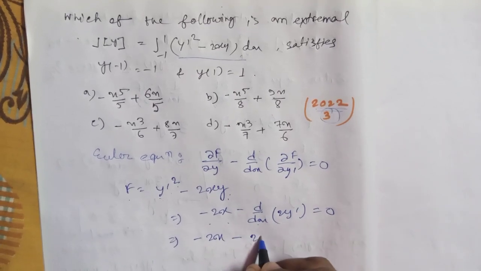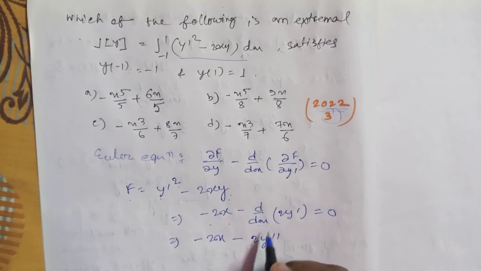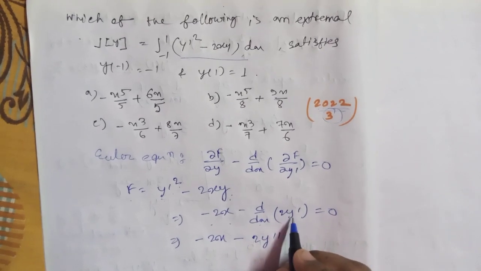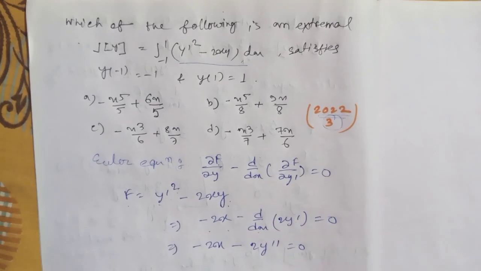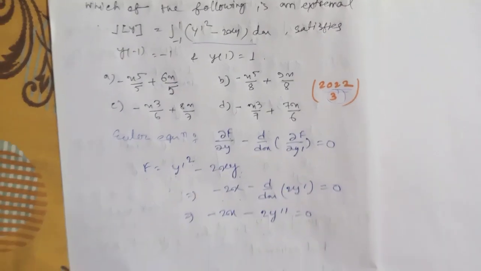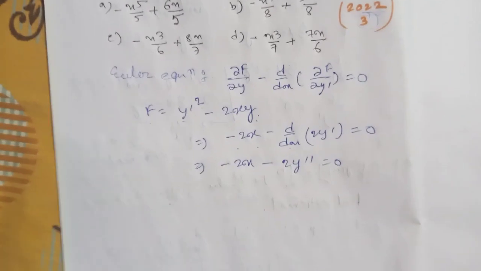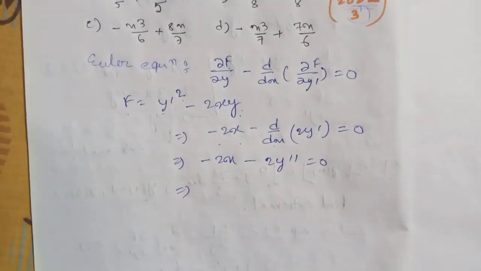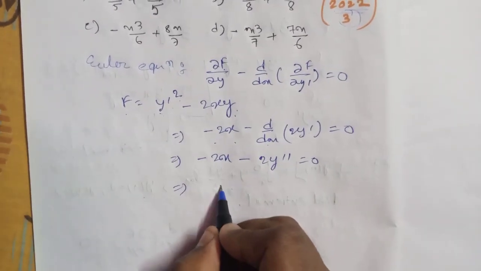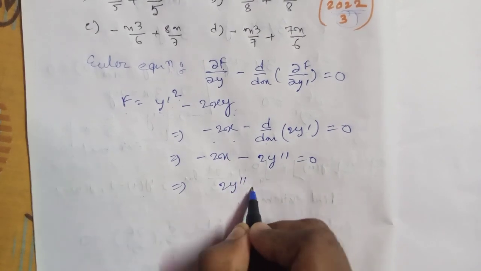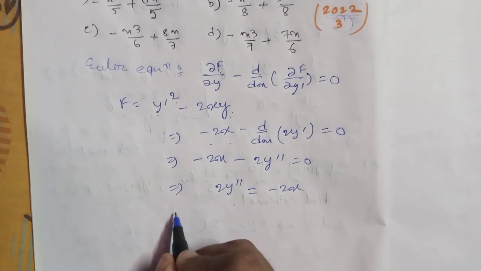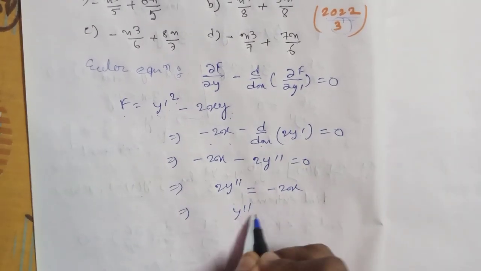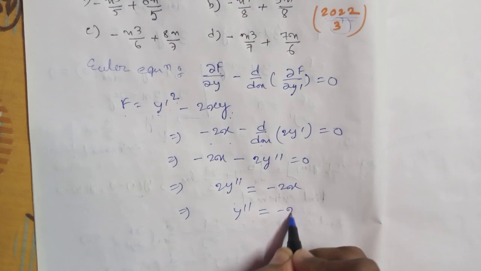The meaning of that is 2y double dash, right? Because 2 is a constant term and the derivative of y dash is y double dash. What do we have to find? We have to find extremal, that is the value of y. So 2y double dash equal to minus 2x, right? So what is the value of y double dash? The value of y double dash is minus x.